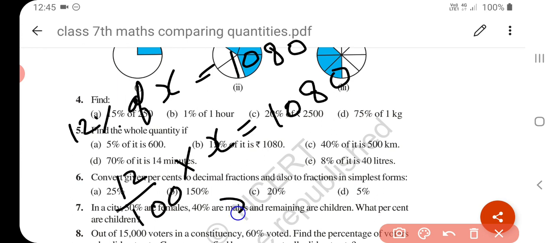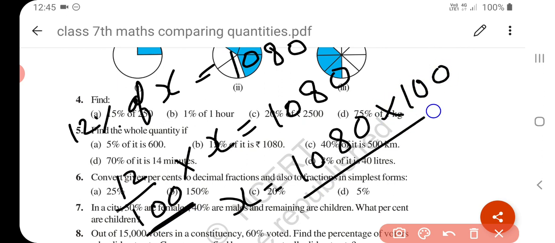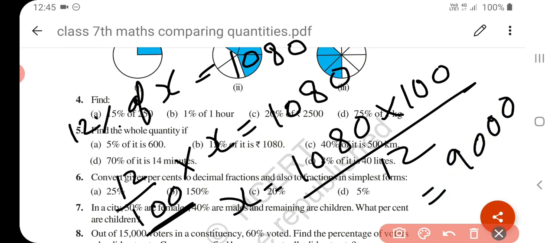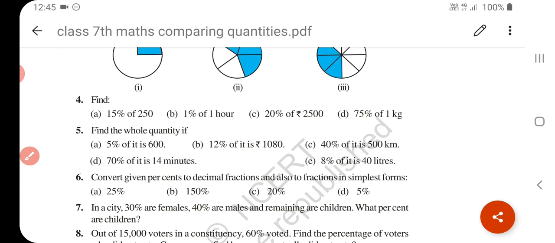So x is equal to 1080. This 100, the denominator, comes here and becomes the numerator, upon 12. And when you solve it, your answer is 9,000 rupees. Understand? So this way you complete question number 5.